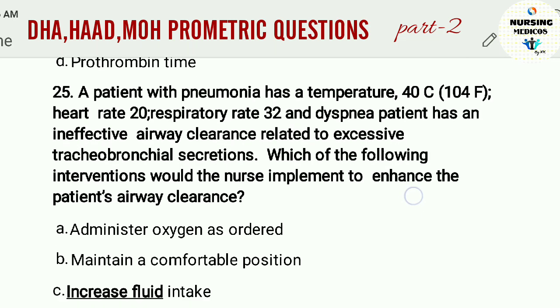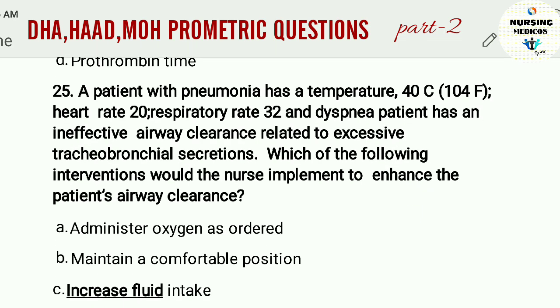Next, question number 25. A patient with pneumonia has a temperature of 40 degrees, 104 in Fahrenheit. The heart rate is 120 beats per minute. Respiration rate is 32 breaths per minute, and the patient is dyspneic. The patient has ineffective airway clearance leading to excessive tracheobronchial secretion.